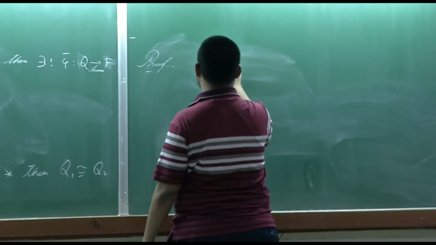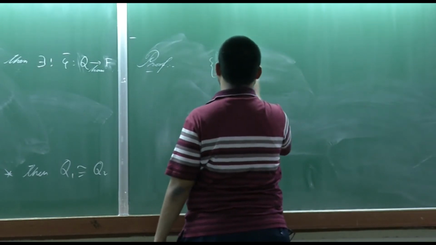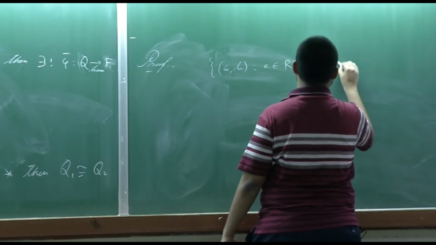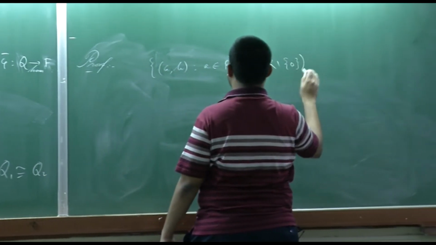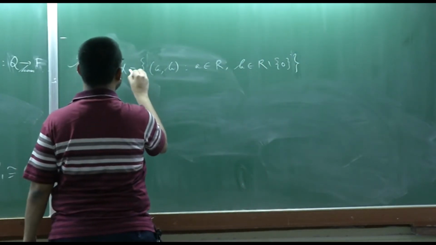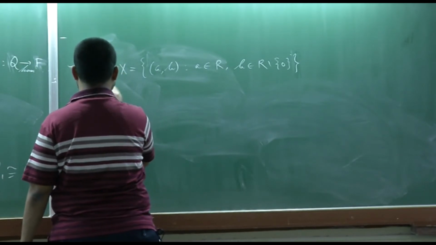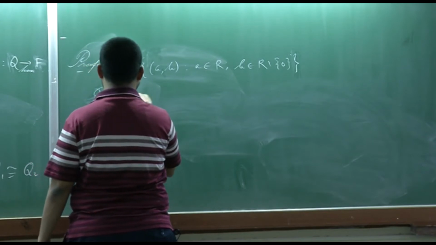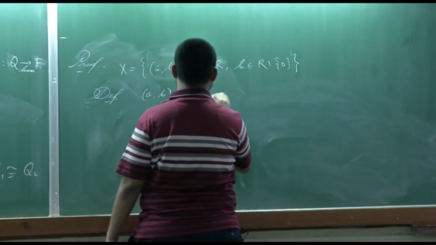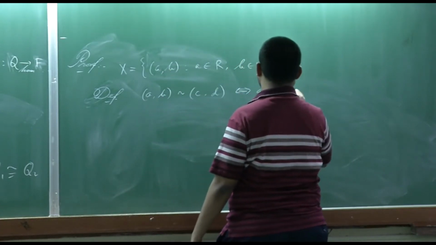We consider the following pairs A, B, where A belongs to R and B belongs to R minus 0. On X, let us define a relation: (A, B) is said to be equivalent to (C, D) if and only if AD equals BC.